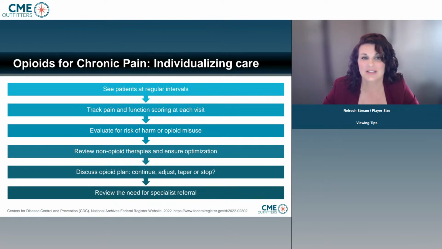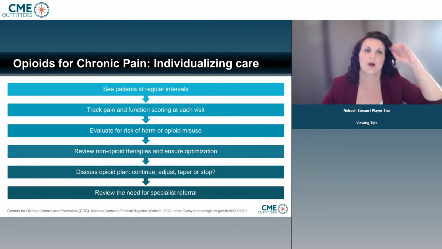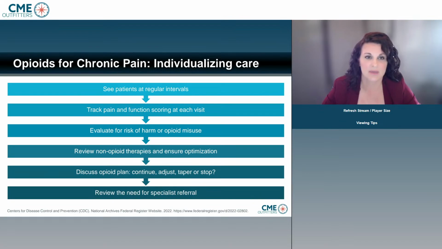And individualizing care, as you've probably gotten this point from us throughout the presentation today, but some of the best practices for continual monitoring and management of patients who are on opioid therapy is seeing them at regular intervals. I see all of my patients every 1 to 3 months.